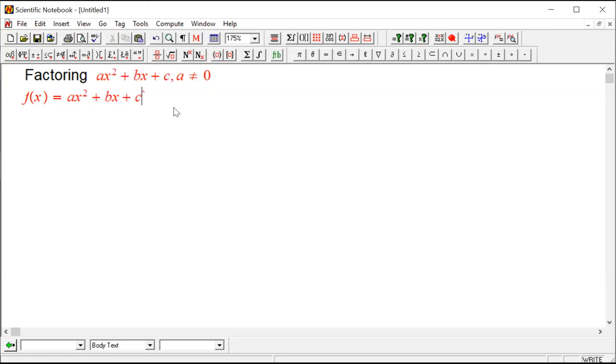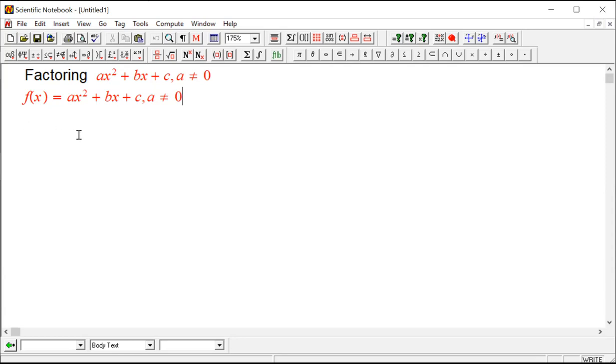Its factoring was covered in most elementary algebra textbooks. So here I'm going to take this opportunity to review those factoring techniques, and I added some more. As I mentioned earlier, this quadratic function can always be factored. There's no such thing as a quadratic that cannot be factored. It can always be factored because this is guaranteed by the fundamental theorem of algebra.